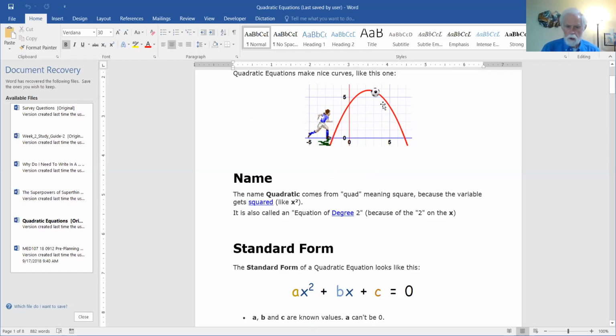This is one of the regular shapes, and one application you would have for these would be if you were in a military artillery unit, because this is the shape of the trajectory of an artillery shell after it's fired out of the cannon.